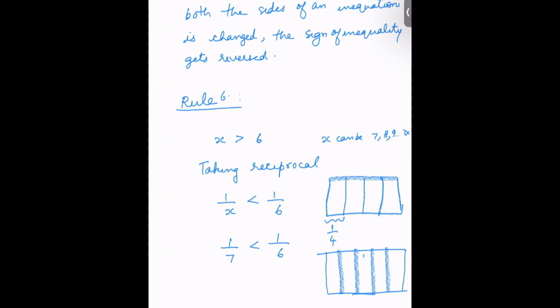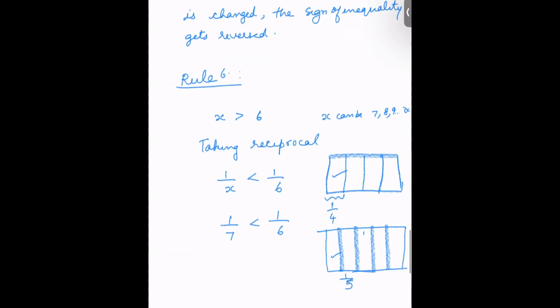This is better. Which slice would be bigger? 1 by 4 is always bigger. So that is the reason why it is important to reverse the sign. Remember, you need to reverse the sign when you are taking the reciprocal of an inequation.